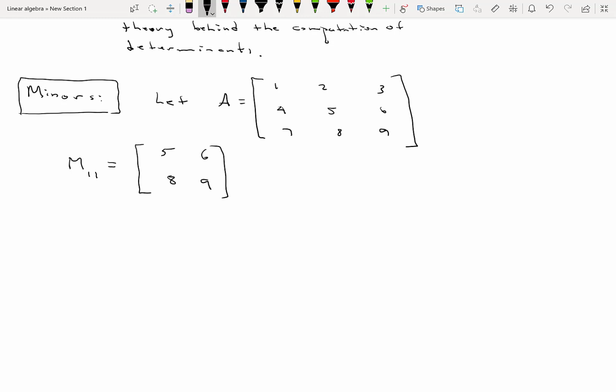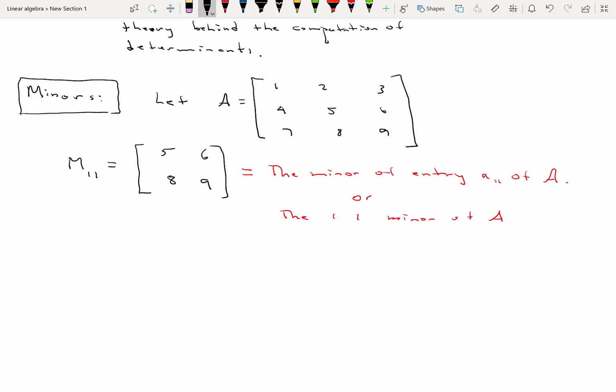Okay. Now the terminology that the author of your textbook uses, which is just fine, is that your author calls this the minor of entry A11 of the matrix A. I use the terminology the 1, 1 minor of A. Absolutely equivalent terminology, or terminology that means exactly the same thing.